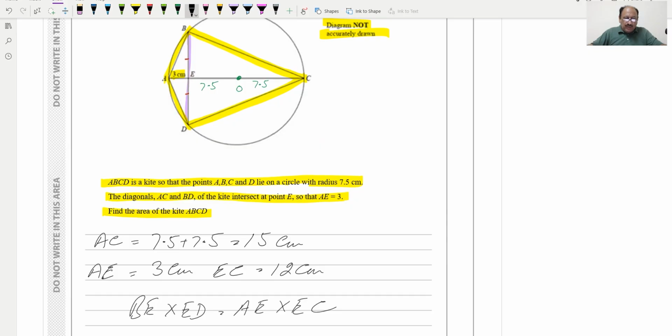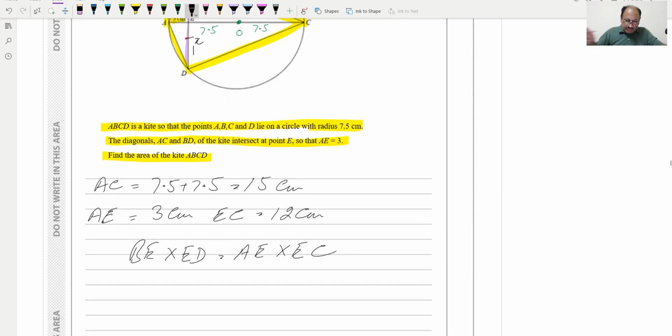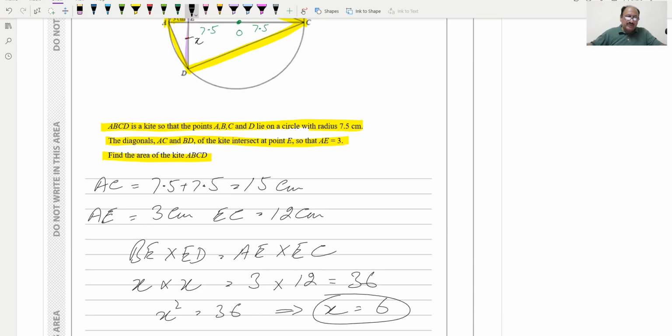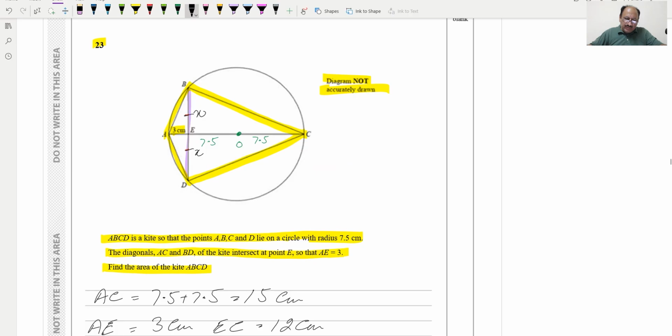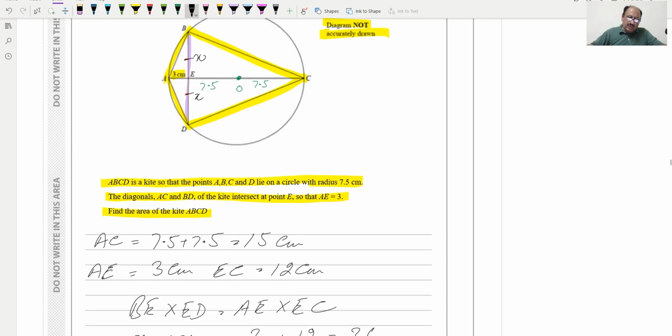BE and ED are the same size, so we can take this as x, and this one also as x. So we can write x into x will be equal to AE is 3 and EC is 12, and this will be equal to 36. So x squared is equal to 36, and this implies x will be equal to 6, and we got this x value as 6.